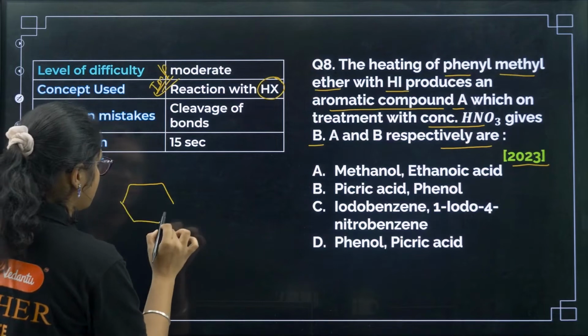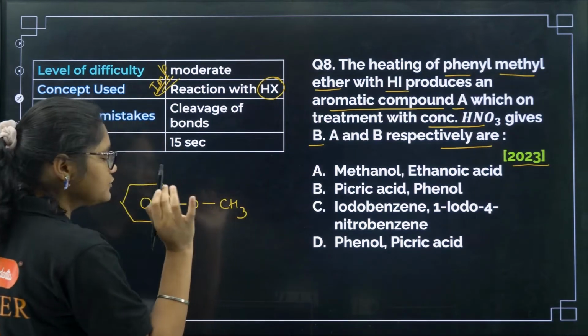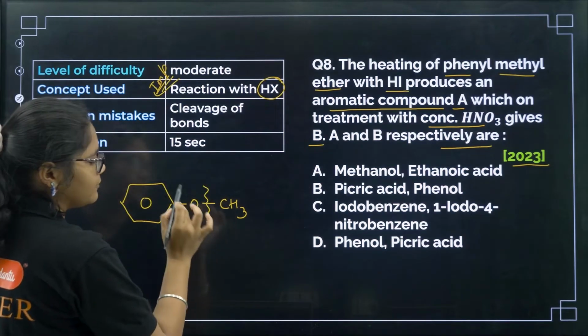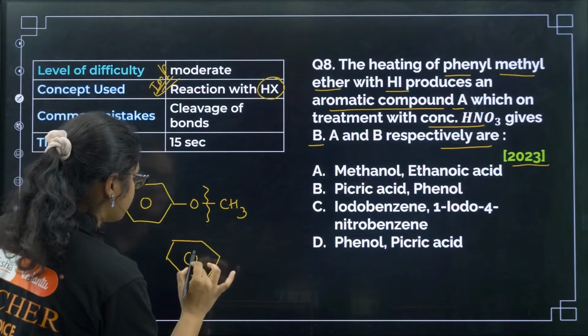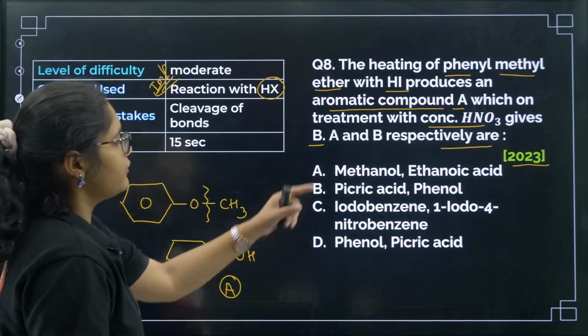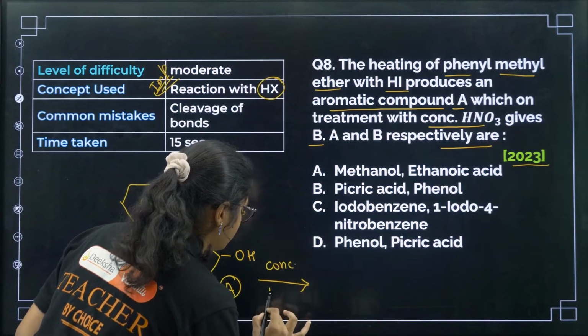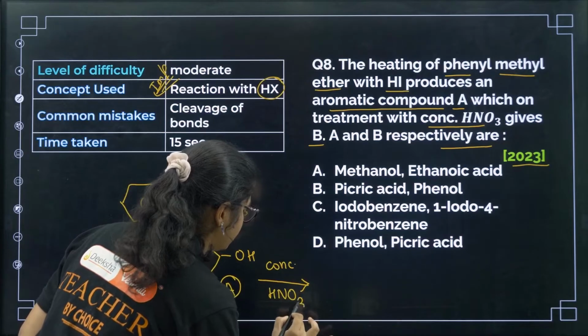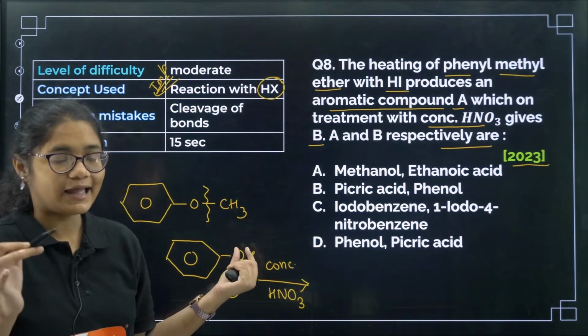So that means this is phenyl, then we have methyl and ether. So whenever there is a phenyl group, no doubt the bond has to break here. So I'll get one product as phenol, okay, which is nothing but your A. Now A on treatment with concentrated nitric acid. So you know, in concentrated nitric acid, OH is a highly activating group.